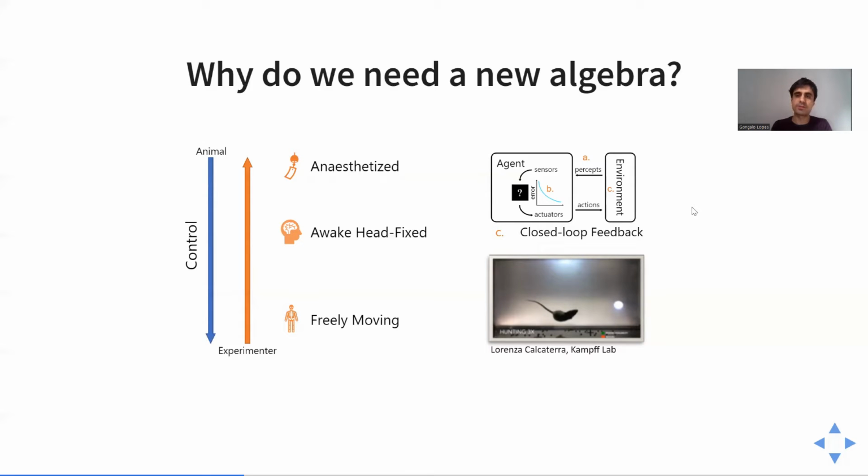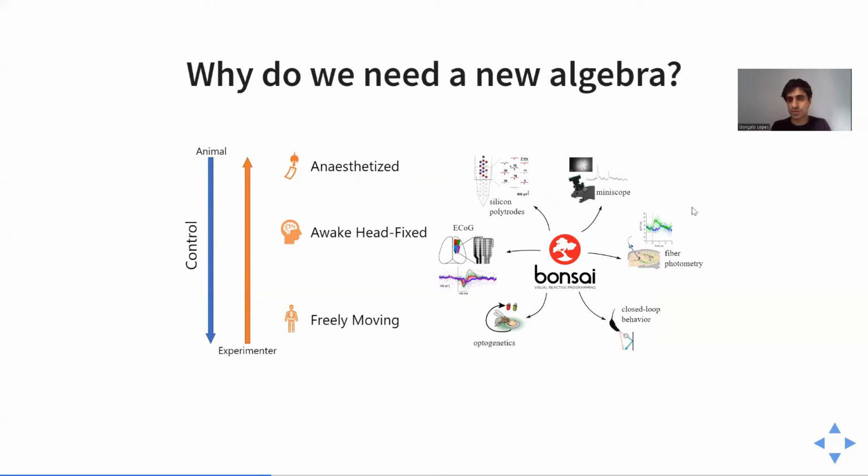And all of these types of experiments require measuring many things from the animal, not just in terms of neural signals to interpret what is happening in an experiment, but also in terms of just the behavior, understanding the situation that the animal is exposed to.